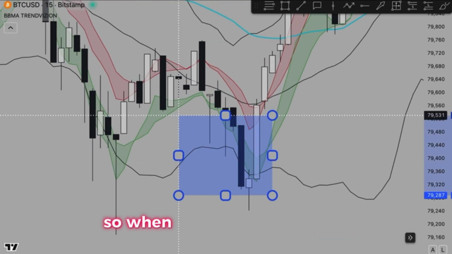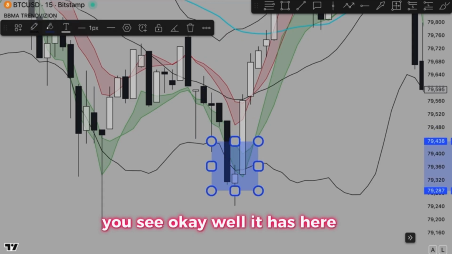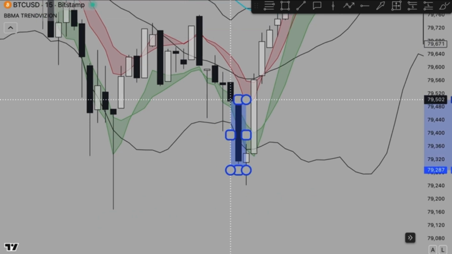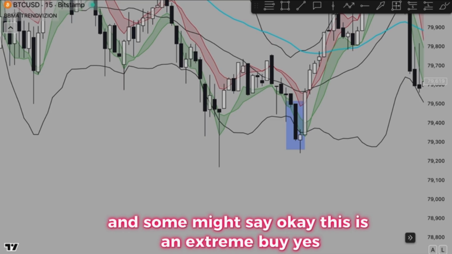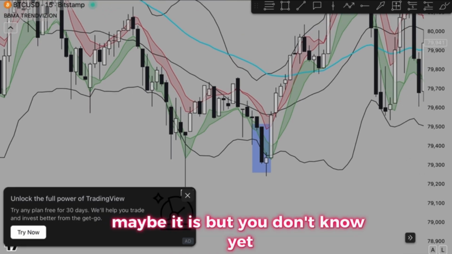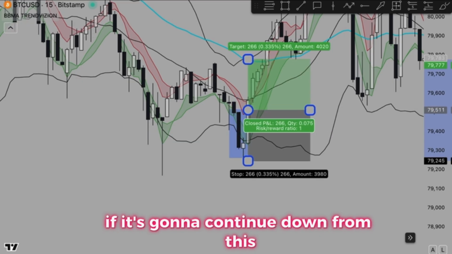Okay, so when it's testing here MA low, right, you see, okay, well, it has here a CSM sell, and some might say, okay, this is an extreme buy. Yes, maybe it is, but you don't know yet if it's gonna continue down from this MA high here, right?